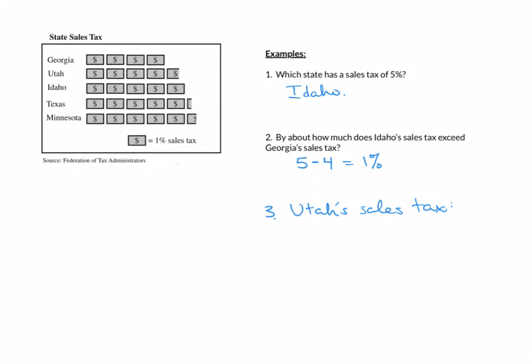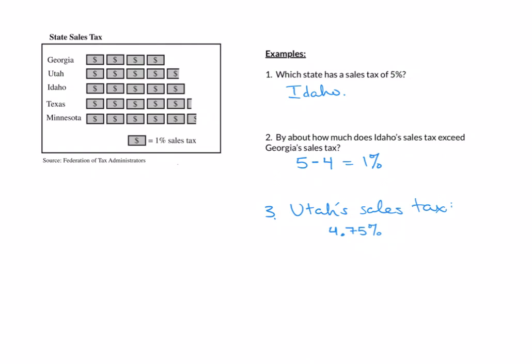So I would say that this is one we're going to have to estimate. To me, it looks like it's a little more than half, so I'm going to say 4.75%. So note that if it is a portion of your picture, you are going to have a fraction or a decimal.